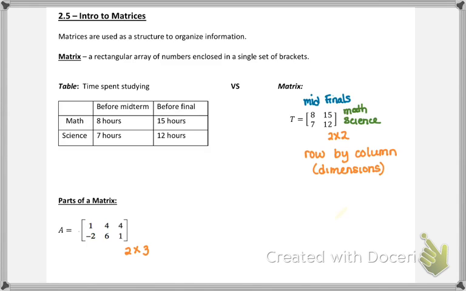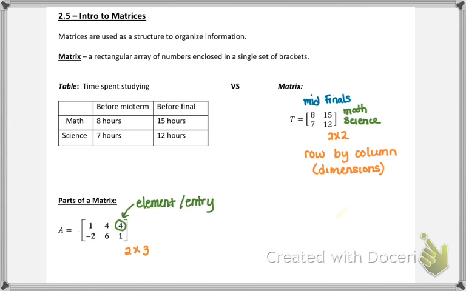So we call each one of these an entry or an element of a matrix. And each entry has a specific location. So this 4 that I just circled is in the first row, 3rd column, and that's its location. The 1 is in the first row, 1st column, and that's its location.